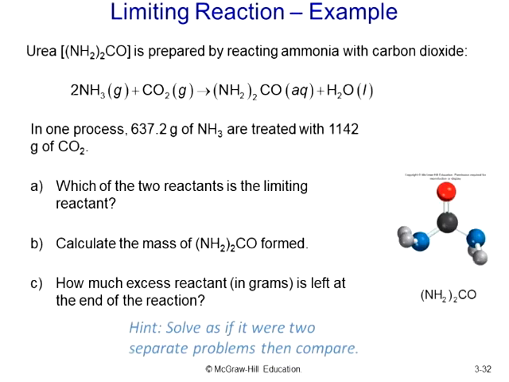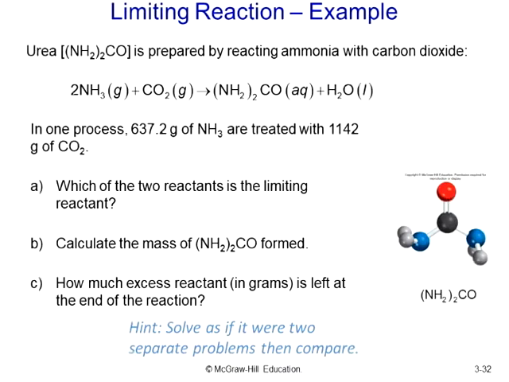Let's do another example. Urea is prepared by reaction of ammonia with carbon dioxide. We show you here the balanced equation. The balanced equation allows us to know the stoichiometry. The stoichiometry of the balanced equation is where we use these coefficients in the mole-mole conversion factors.